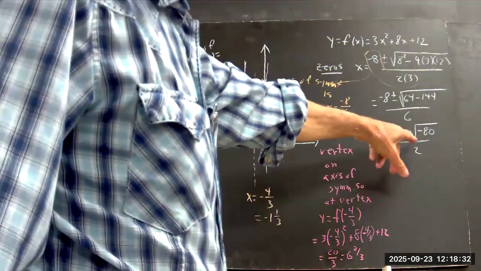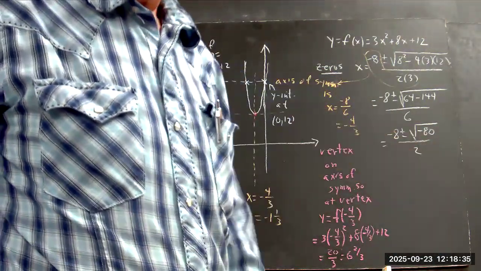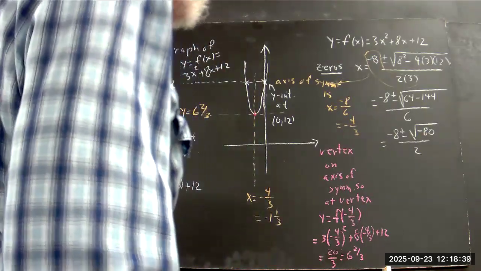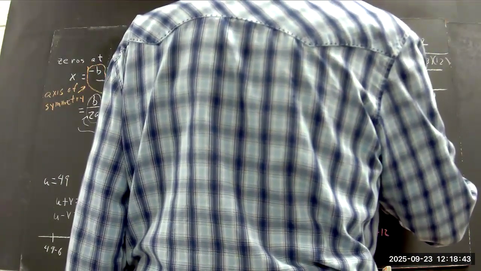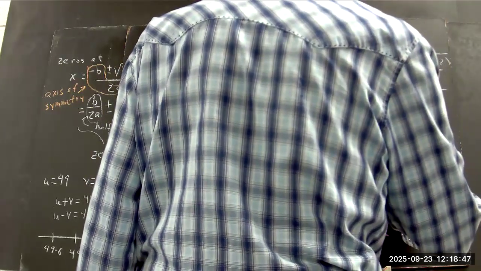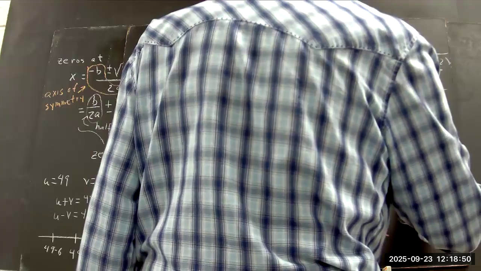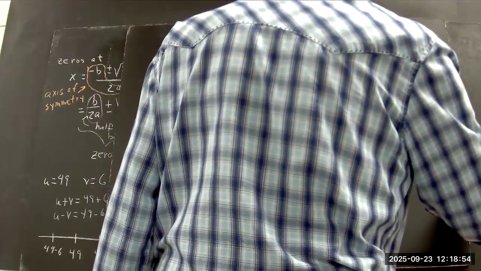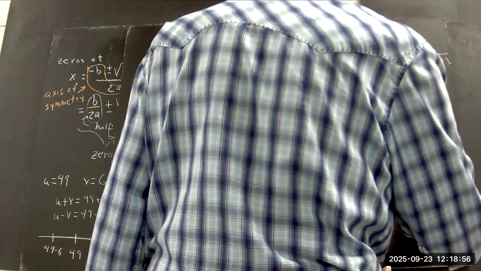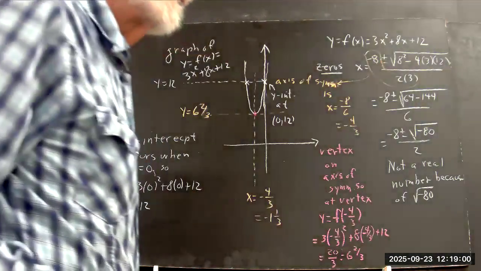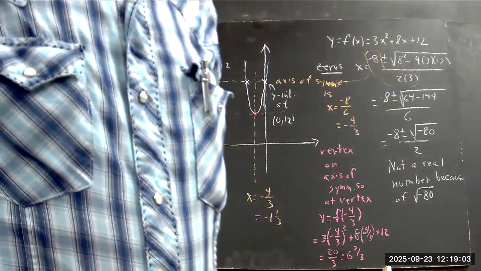It's -8 plus or minus the square root of -80 over 2. It's not a real number, because of the negative square root of 80.